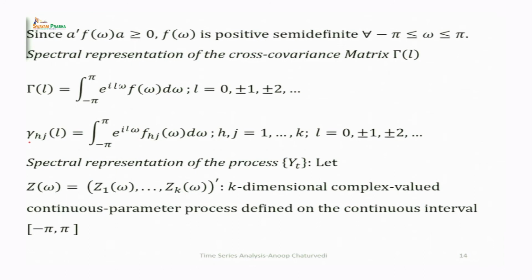So, this result corresponds to the bivariate processes, the cross covariance of a bivariate process. In bivariate processes, the spectral representation of cross covariances is the same.